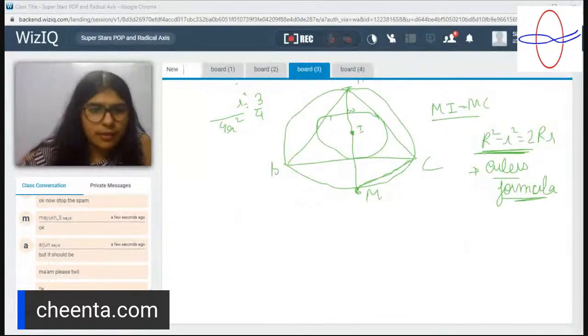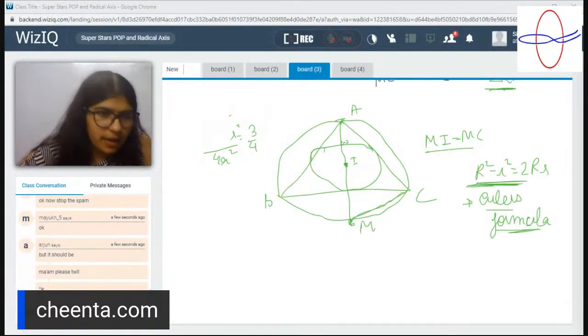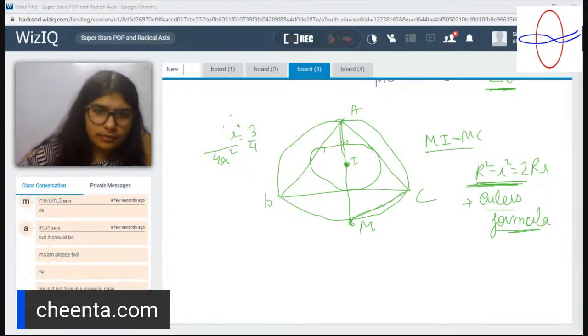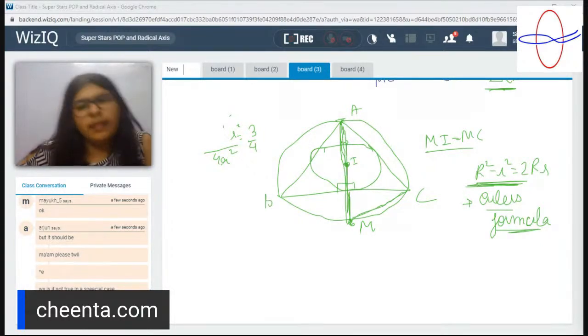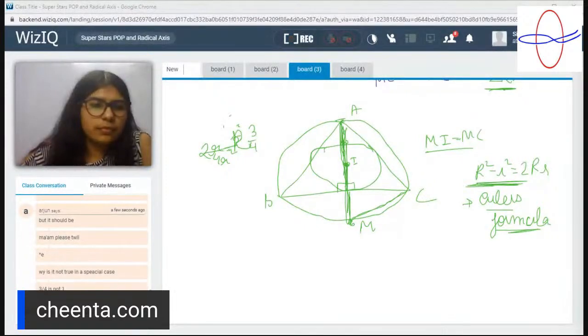This is Euler's formula, and if you take ABC as an equilateral triangle, then R equals 2r.